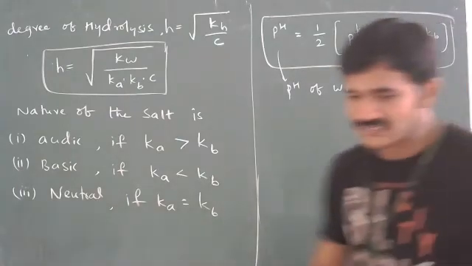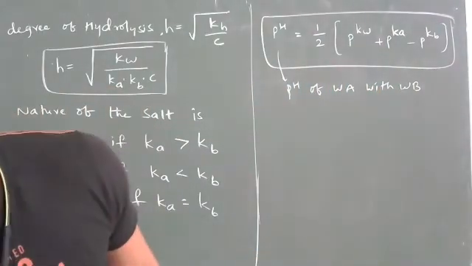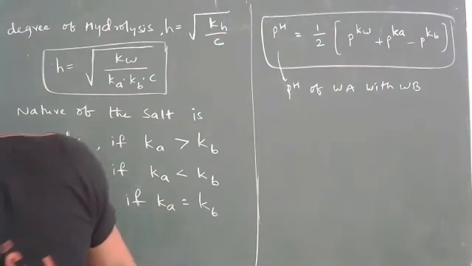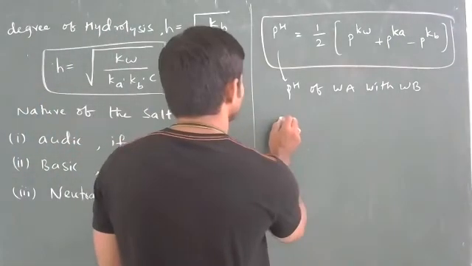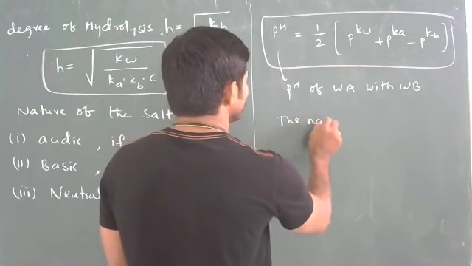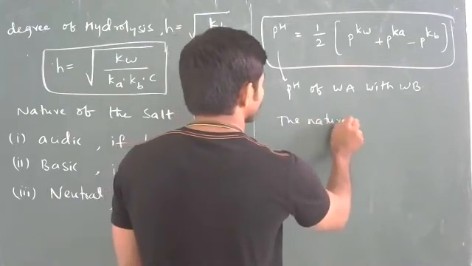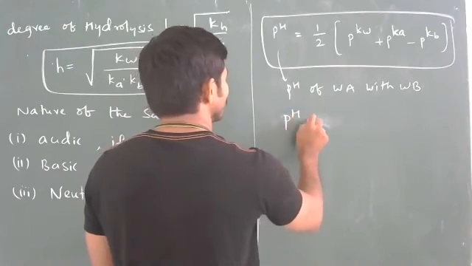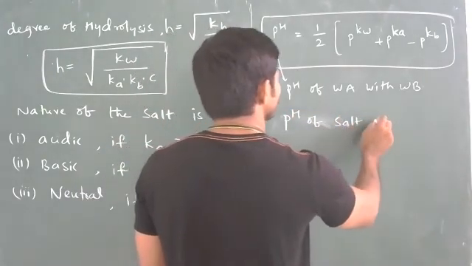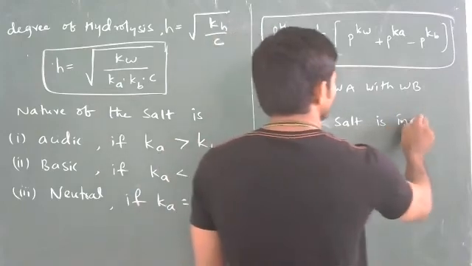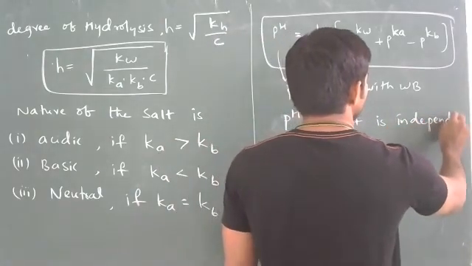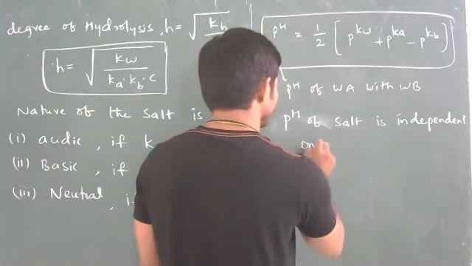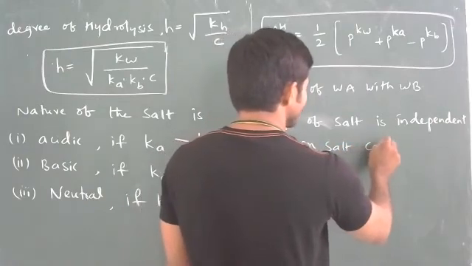So if there is no concentration term, this type of salt is independent of the concentration of salt. So the pH of salt is independent of salt concentration.